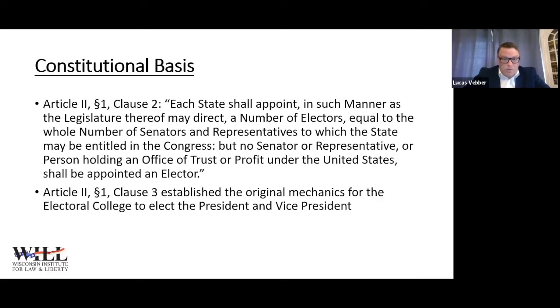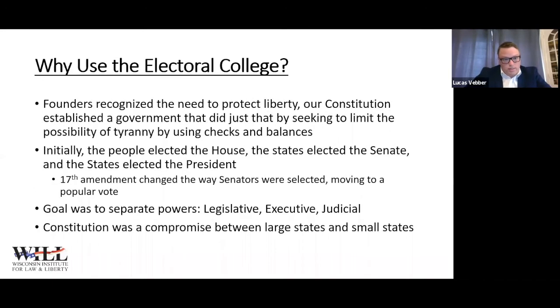Whoever got the second most became the vice president. This worked fine early on when we had George Washington as president. He was elected unanimously twice. Of course, as we'll see in a minute, that quickly needed to change due to circumstances of partisan politics, essentially.